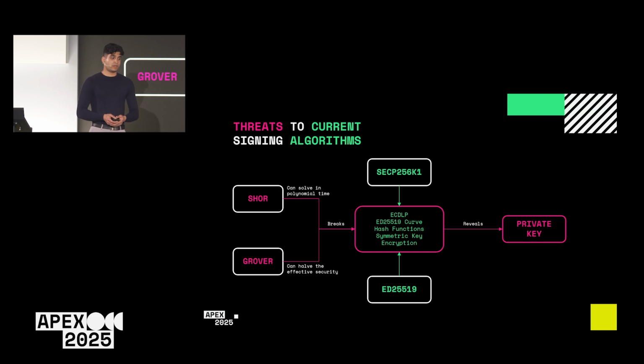Grover's algorithm may not be a direct threat, but it can evaluate cryptographic hashes faster than traditional brute force methods, which would put, for example, the security of a 128-bit scheme to that of 64, thereby potentially halving the security of symmetric key encryptions and hash functions.